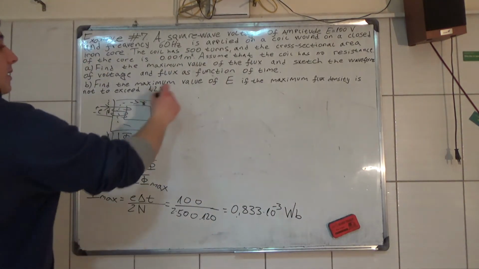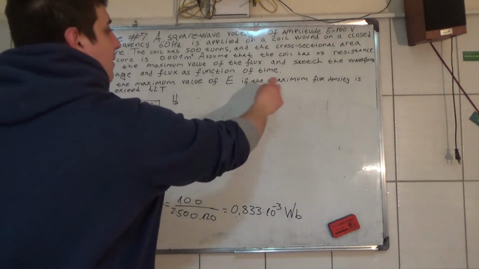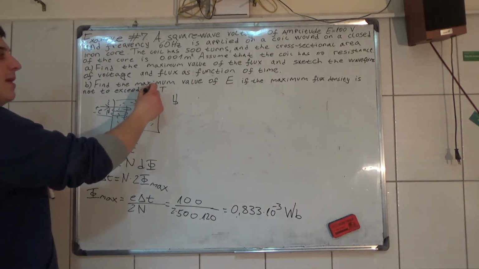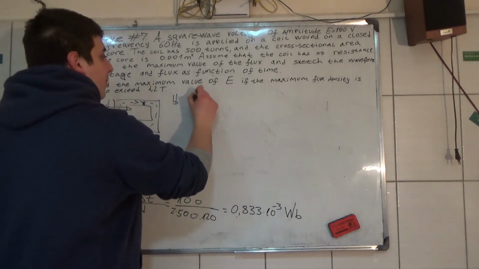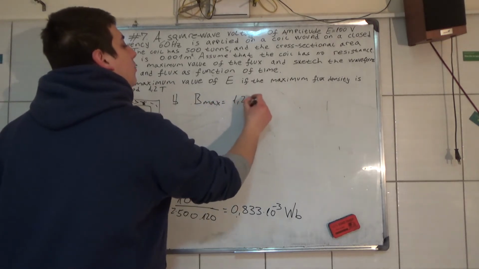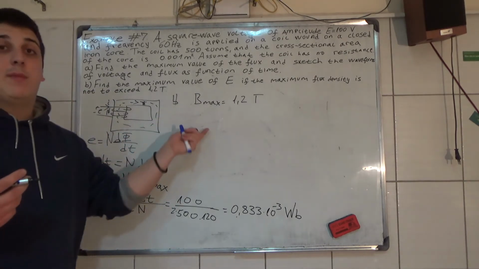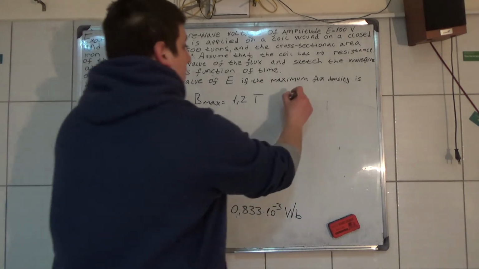Now B says find the maximum value of E if the maximum flux density is not to exceed 1.2 Tesla. Now we have that B maximum is equal to 1.2 Teslas. If you know the value of the flux density, we can calculate the flux.